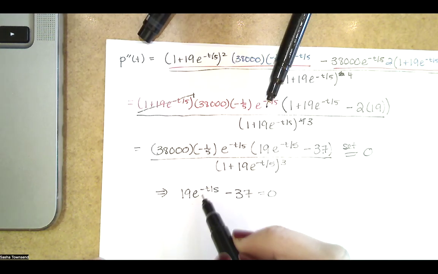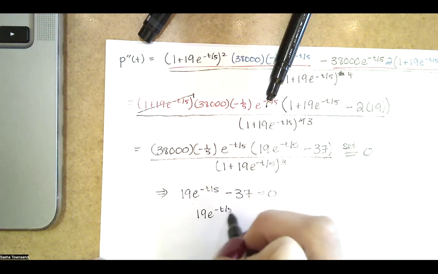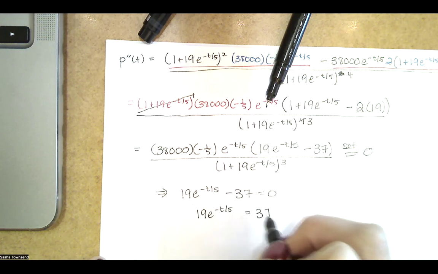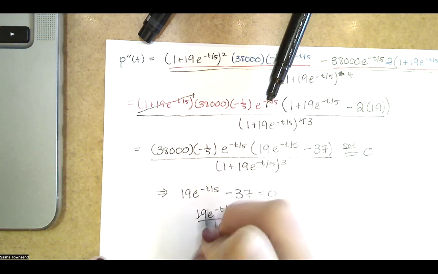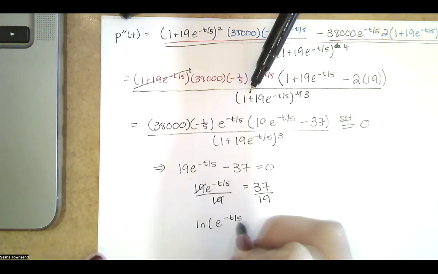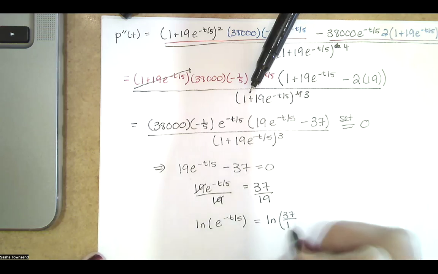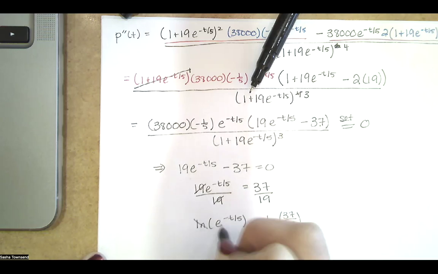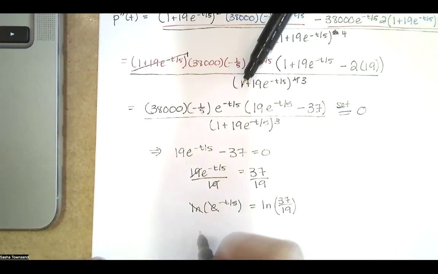And I want to solve for my exponential function, so I will add that 37 to both sides. And then we'll divide both sides by 19. And then we will take the logarithm of both sides. And the logarithm of the exponential just gives us that -1/5 of t.